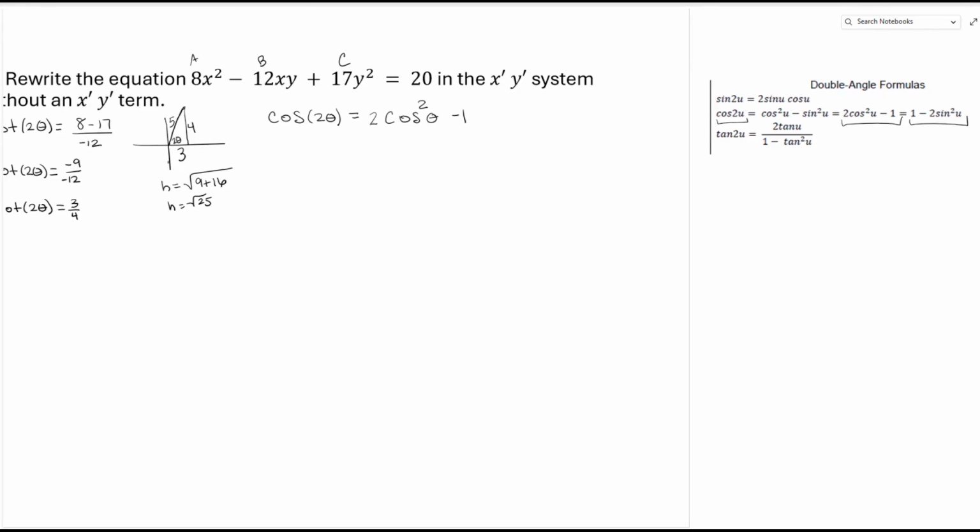Looking at this picture, I can see that cosine of 2 theta is 3/5. I can solve this equation and know what cosine of theta is. Add 1. Divide 2.